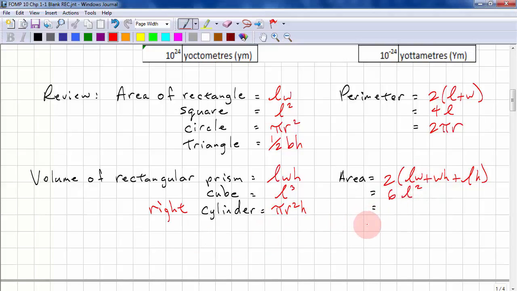And the surface area of a right cylinder is 2 pi r squared, for the top and the bottom, and then the lateral surface area is 2 pi rh. In case you need to remember, top and bottom, and this is the lateral. Lateral just means the side.